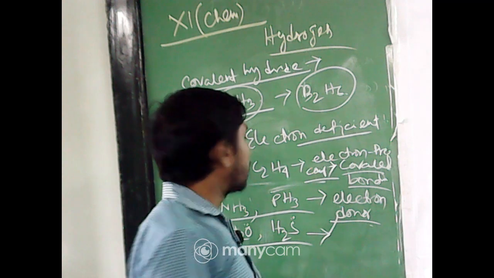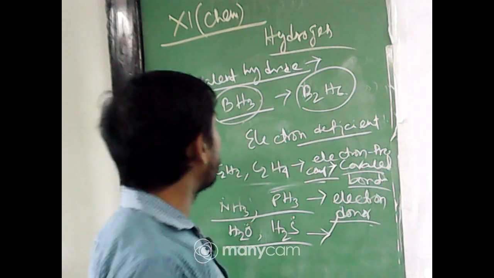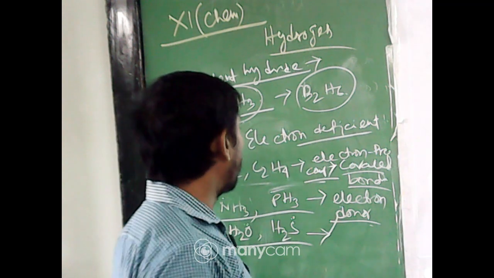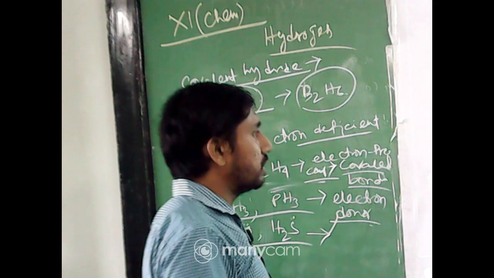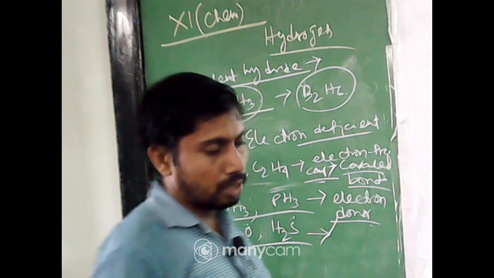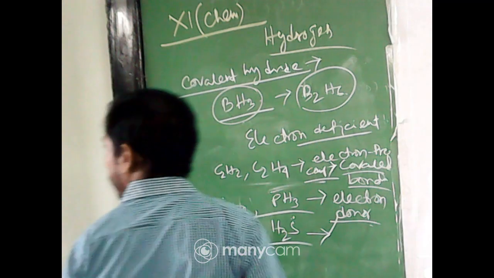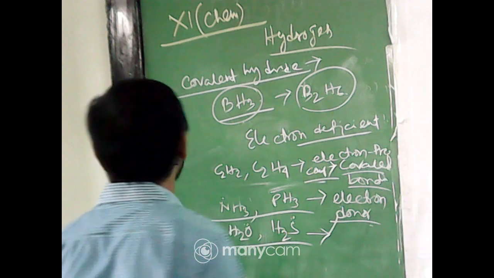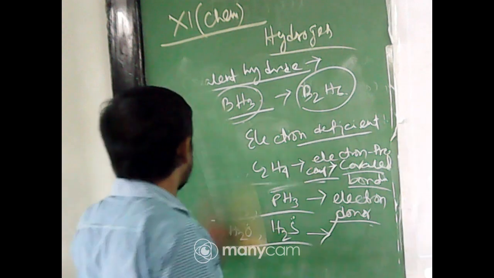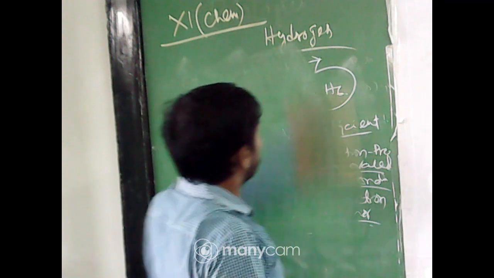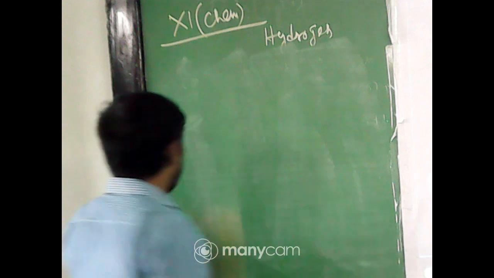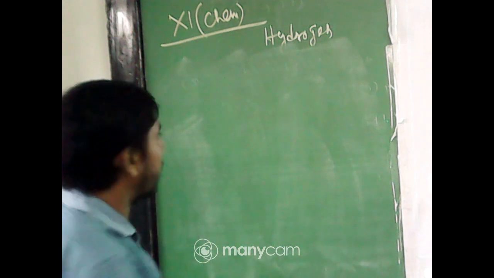So these are the types of covalent hydride: one is electron deficient, one is electron rich, and another is electron precise. Clear? Up to this is clear. Next I will move to the non-stoichiometric compounds, or the interstitial hydrides.